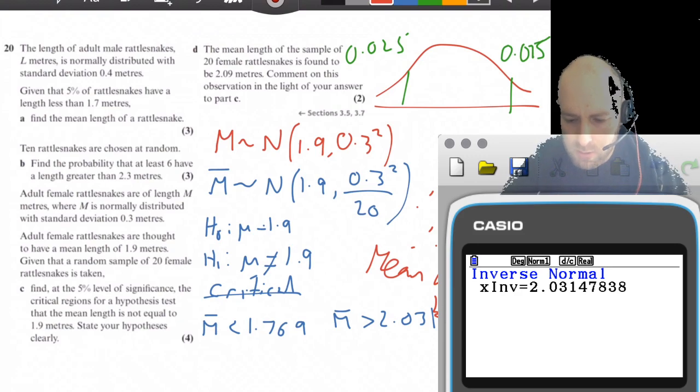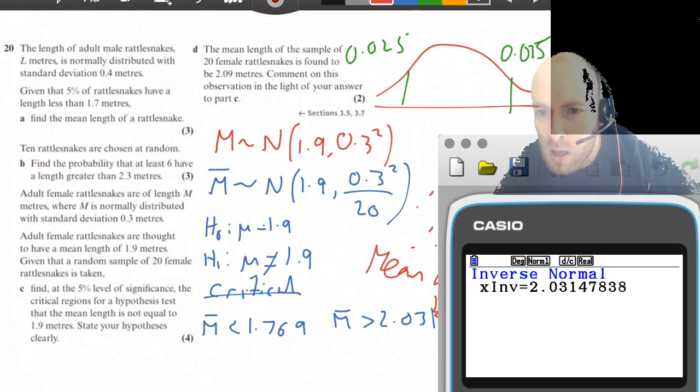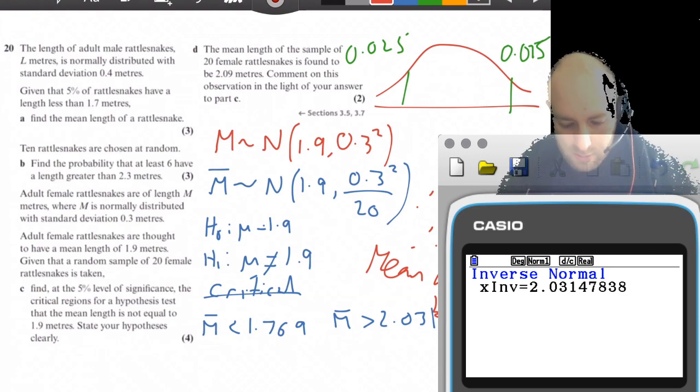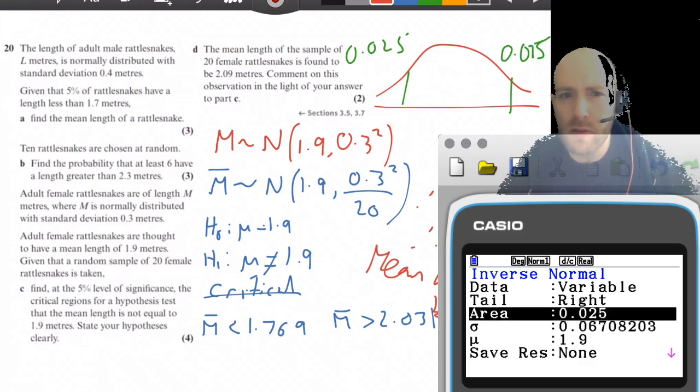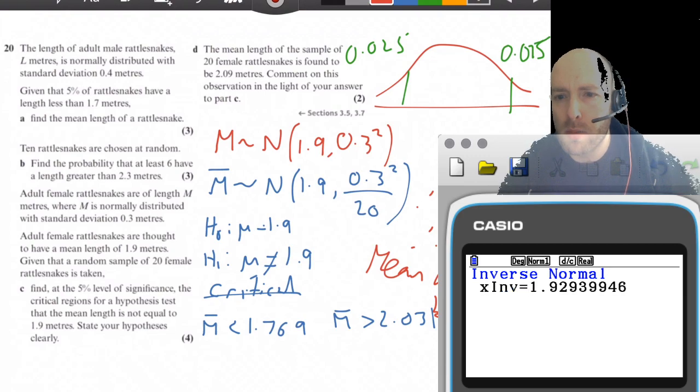What did everyone get? Everyone got slightly different things, did they? Joseph and Dan, you did the same thing, whatever you guys did. Did you forget square root 20, maybe? Let's have a look. If you forgot square root 20, you would have had 0.3 divided by 20, 1.93.